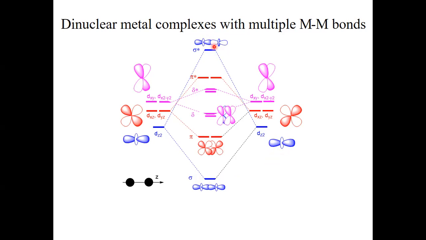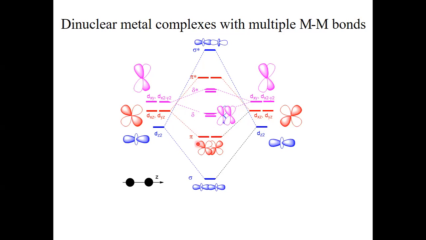Then you can interact the dxz and the dyz with another dxz and another dyz. The dxz interacts with the dxz in a pi fashion, and the dyz interacts with the dyz in a pi fashion.